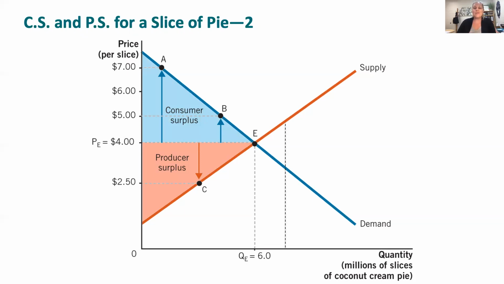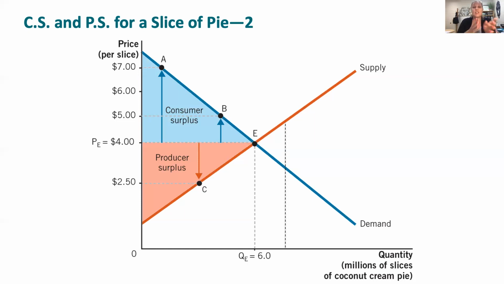Well, to the right of equilibrium are transactions that don't really make sense to happen, or if they do happen, they happen at a loss to people. Because we can see that if the true price of coconut cream pie is $4, then the supply curve points to the right of equilibrium all represent a minimum willingness to accept that is above $4. That is, the sellers of coconut cream pie to the right of equilibrium wouldn't benefit from accepting a price of $4 per slice.